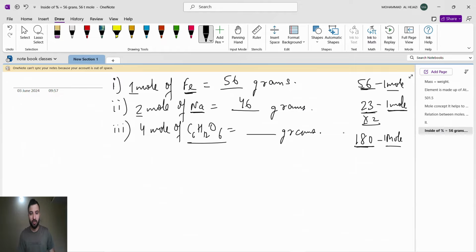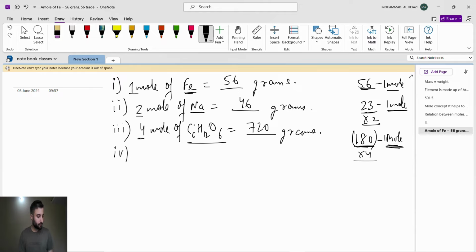Like that only. So to find 4 mole of glucose, first we find the 1 mole, which is the molecular mass, 180. We have to find 4 mole, so multiply with 4. It is 720 gram. That's it.